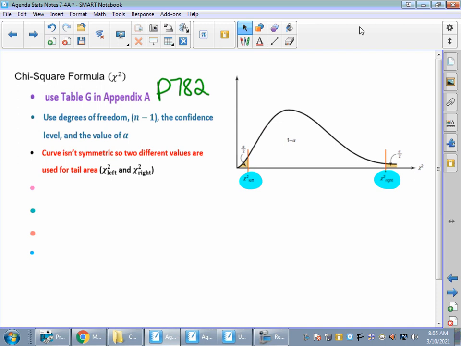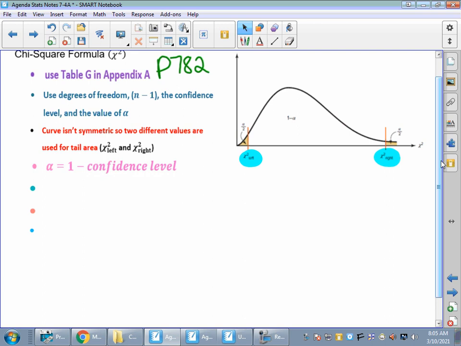Well, these are two different values. Because it's positively skewed, they're not perfectly symmetric. They're not the same value. So two different values to find, and we'll talk about how to find those. Hopefully everybody knows at this point that alpha is equal to 1 minus the confidence level, or if you prefer, 100% minus whatever it might be, 95%.